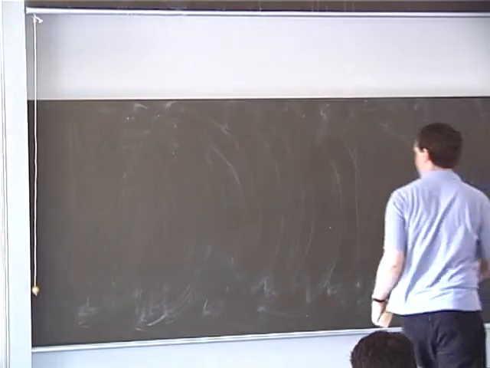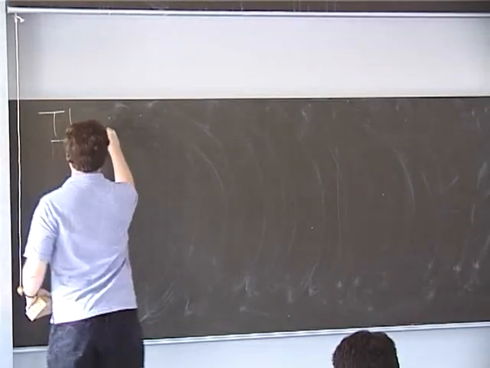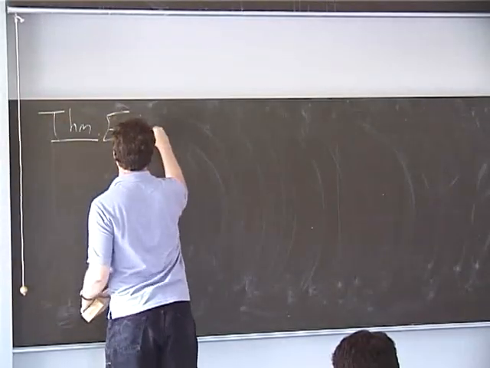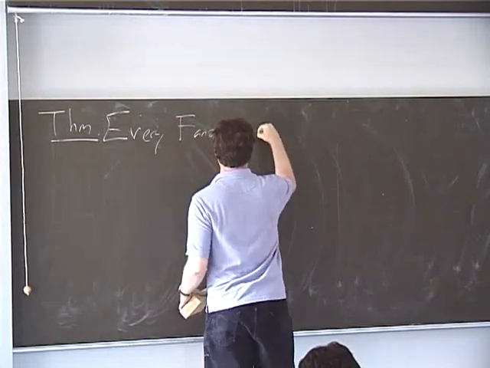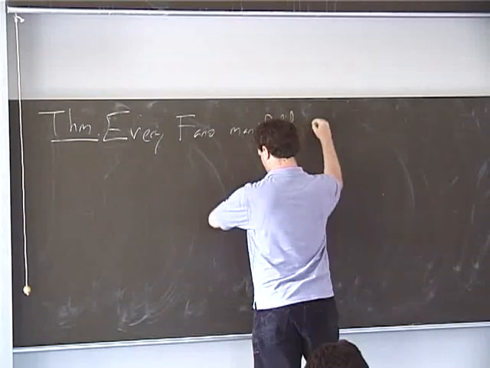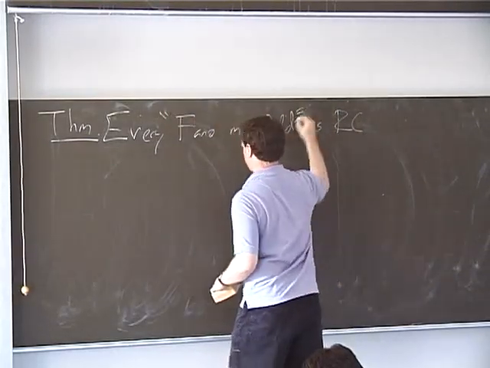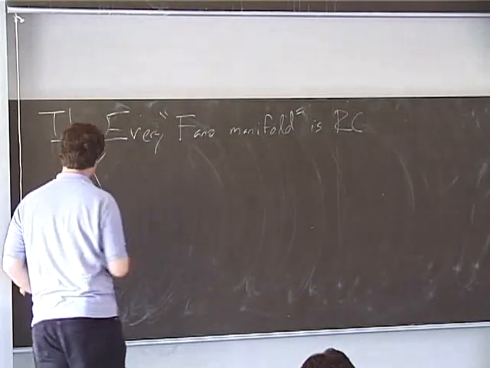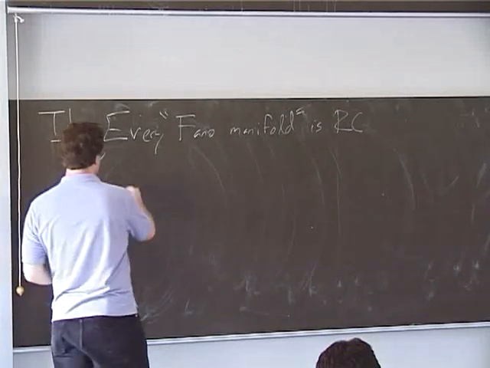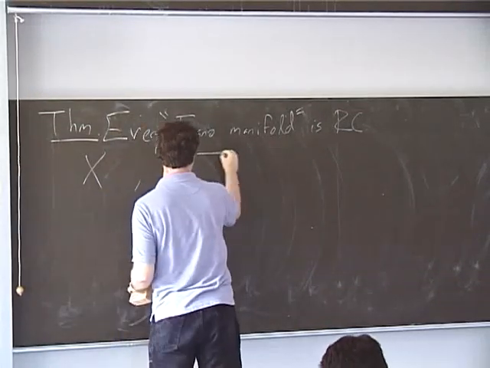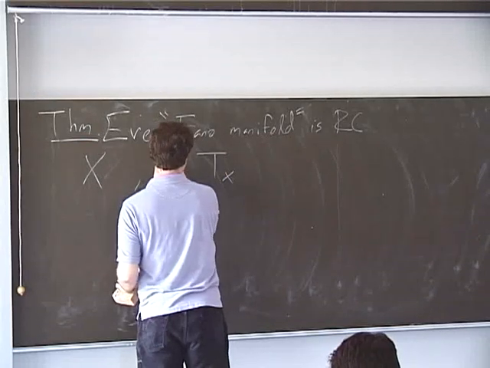So it turns out that every Fano manifold is RC. So let me tell you what this means. So we have our projective smooth manifold, projective smooth variety X. We can take the tangent bundle of X, and then we can take the line bundle we get out of this.